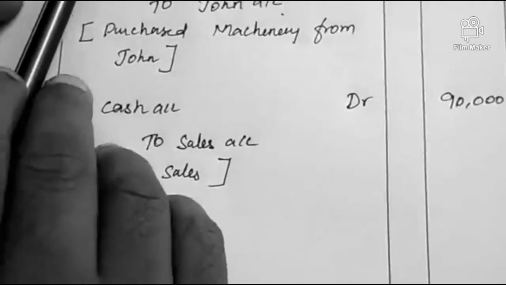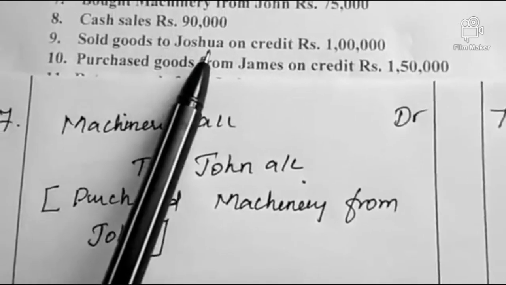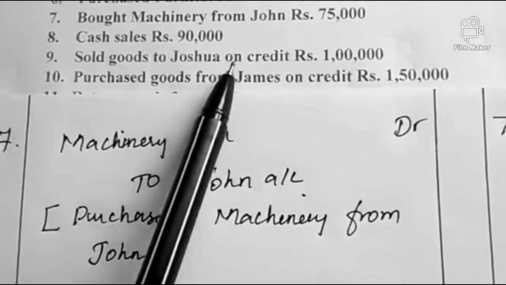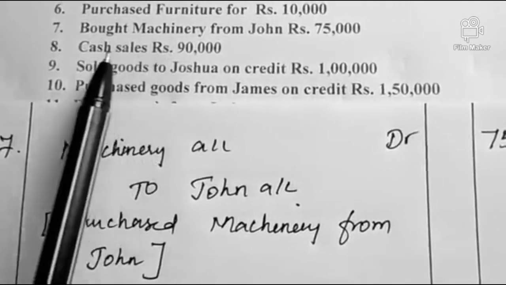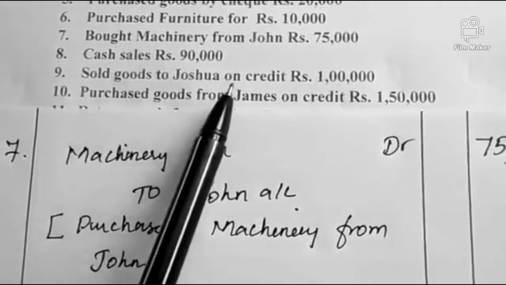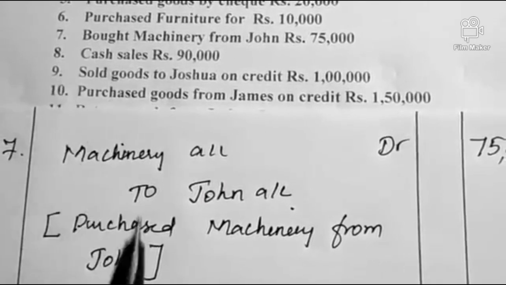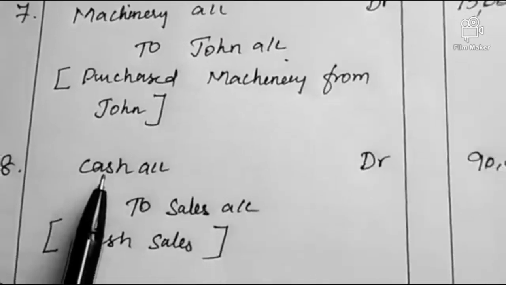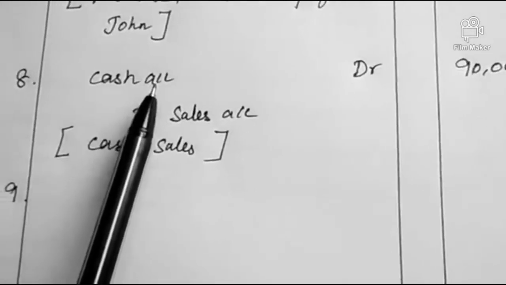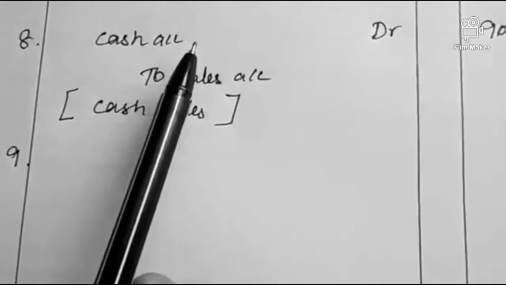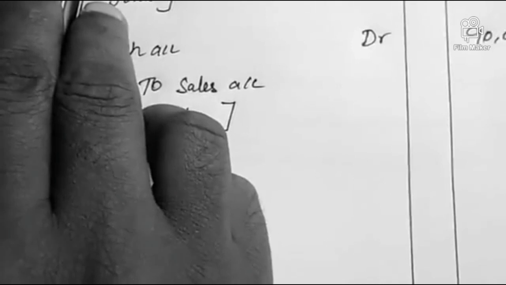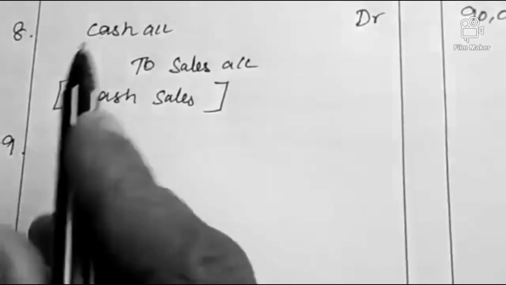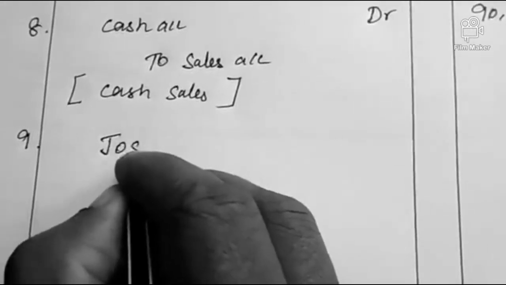Now look at this transaction, sold goods to Joshua on credit. So this is a credit basis. If it is cash basis, cash account debit to sales. If it is credit basis, you need not write cash. Instead of cash, you have to write the name of the person to whom you sold the goods.